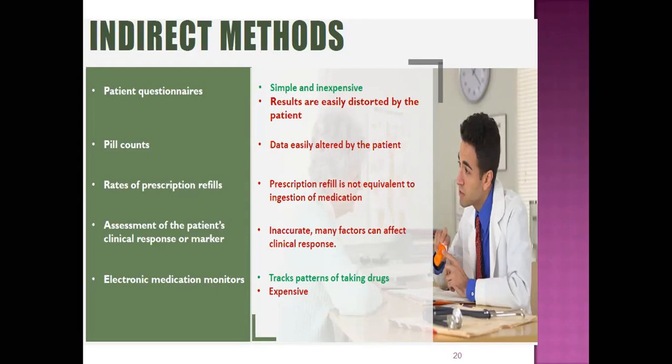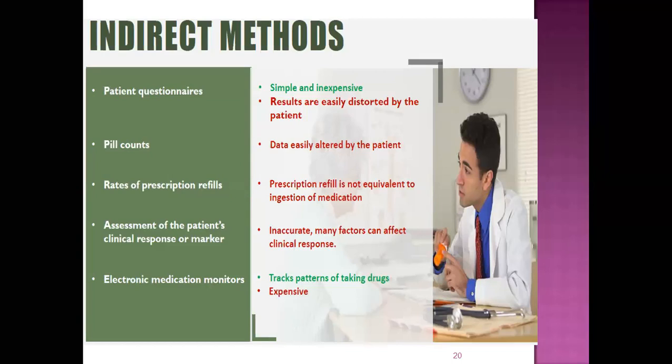The fourth method is assessment of the patient's clinical response to the particular medications. This method may not have accuracy, as there can be an inaccurate assessment due to many reasons in the clinical response.